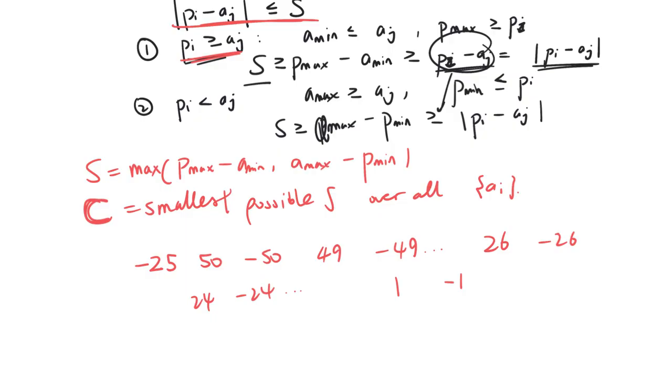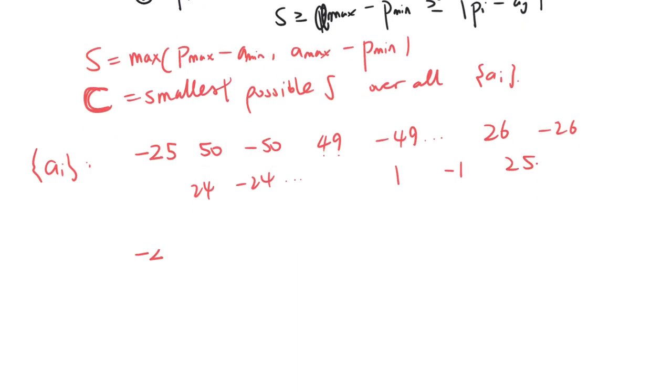So now we've basically done 99 numbers. And the natural term to go back to is 25. So I'm just going to do 25. And if we have this as our sequence AI, we're going to find that A max is 50, A min is negative 50, P max is 25, P min is negative 25.